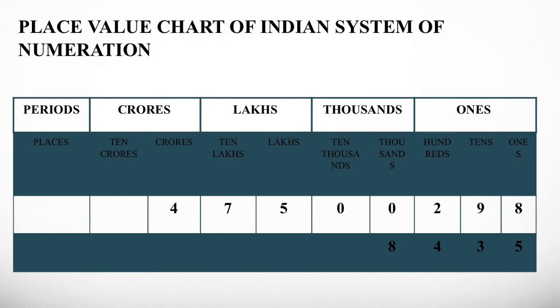Okay? And for example, let's take another, simple number, 8435. We will read this number after placing it in the place value chart as 8435. Okay? So this is how you read numbers in the Indian system of numeration using a place value chart.